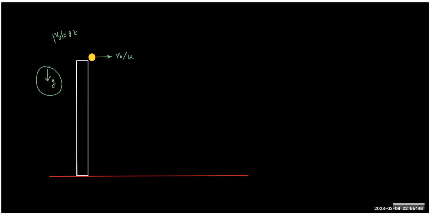So who will bring the ball down? Simple question. The gravity or the thrower? Gravity. So what is the role of v naught here? To decide how far it will go. The role of v naught is to continue in its direction with constant speed. That's it.